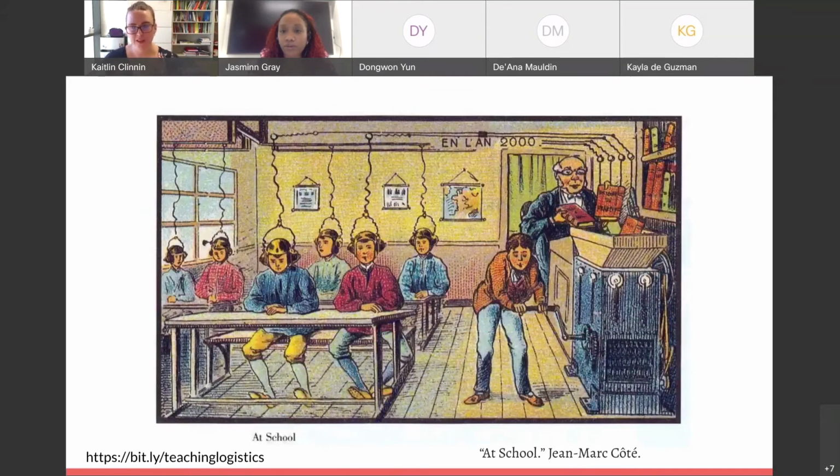So before we get into talking about what active learning is, maybe we'll start with thinking about what passive learning is. And here is, I think, a pretty interesting representation of passive learning. This is actually from an artist who was imagining what education would look like in the year 2000. These were created as a series of postcards at the turn of the century, from the 1890s to the early 1900s.